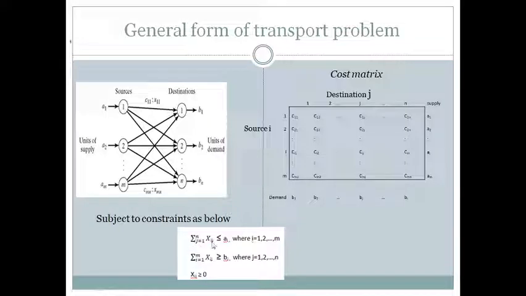The total units we are supposed to supply has to be less than or equal to the supply available at the sources. And the total units we supply to the destinations has to meet the demand. Okay, so that's what these notations mean. These are the constraints we have.